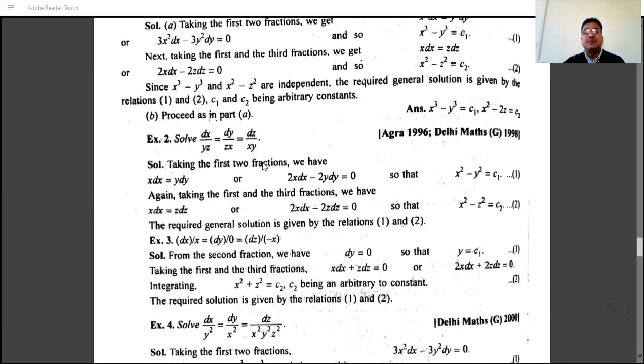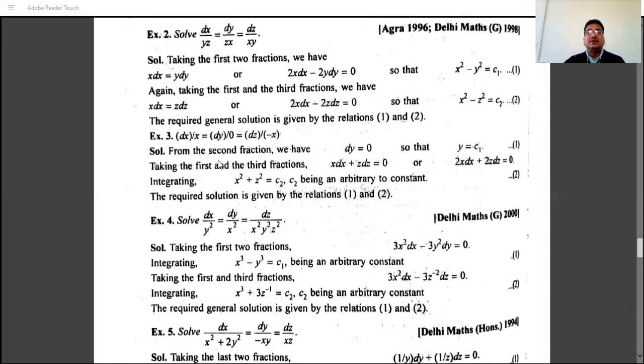So consider the first two fractions, and then after cancelling z, we have this, and then integration gives x square by 2 is equal to y square by 2 plus constant of integration, suppose c1 dash, and then multiplying by 2, we have this answer, with 2c1 dash as c1. Similarly, taking the first and third fractions, we get x square minus z square is equal to c2. And therefore 1 and 2 give the general solution of the given differential equation.